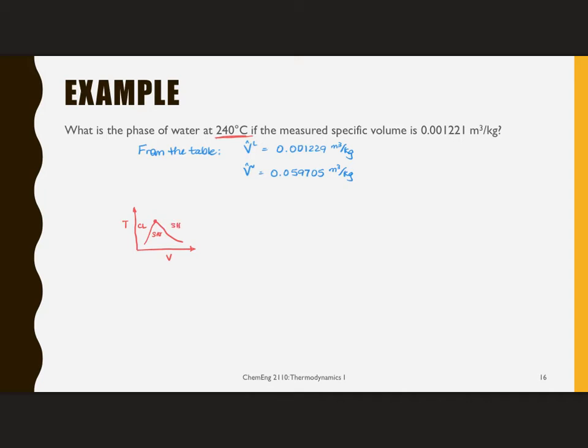So what this is telling me, the numbers from the table are telling me the point here and here for a particular temperature, in this case 240 degrees C. And my number is smaller than this, so my value is somewhere over in this region.